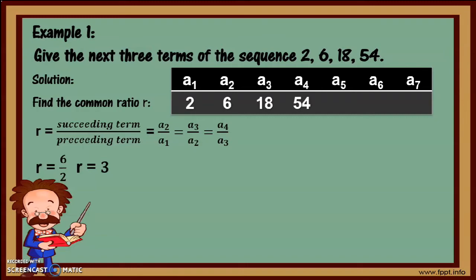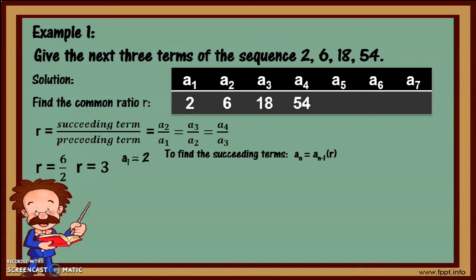So let us now find the succeeding terms. To find the succeeding terms, a sub n is equal to a sub n minus 1 times r. So a sub n is the nth term, and a sub n minus 1 is the preceding term, and r is the common ratio.